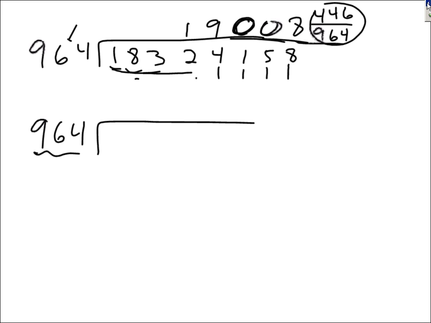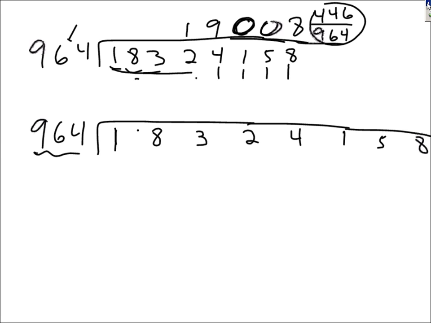I'll actually leave some space between the digits because the remainders can get pretty big. Okay. 964 doesn't go into 1, it doesn't go into 18, it doesn't go into 183, but it goes into 1832.